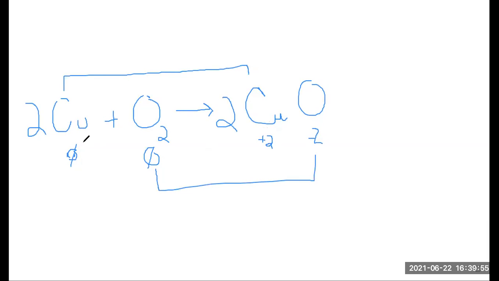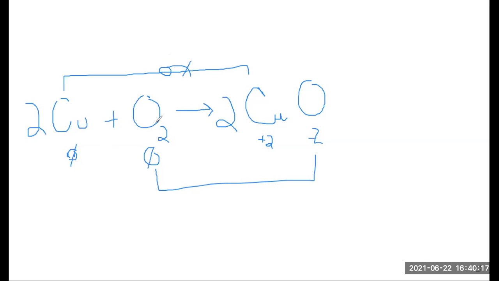Since my copper went from 0 to +2, and that is an up, think number lines, this is the thing that got oxidized. My oxygen started out as 0, and now it's in the hole.